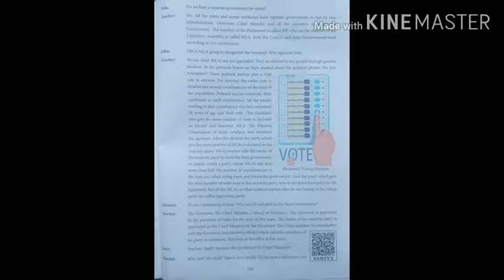But all the MLAs of other political parties who do not belong to the ruling party are called the opposition party. The head of the state is the governor and he is appointed by the president for a period of 5 years. He is an integral part of the state legislature.